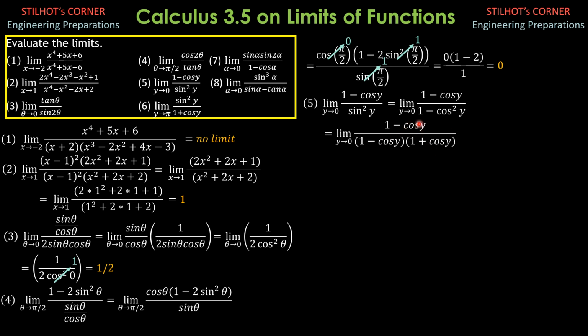So we can cancel 1 minus cosine y, leaving 1 over 1 plus cosine y. And we then substitute y equals 0 because the denominator 1 plus cosine y, cosine of 0 is almost 1, and 1 plus 1 is 2. So therefore, this is equal to 1 over 1 plus 1. The limit is equal to 1/2.